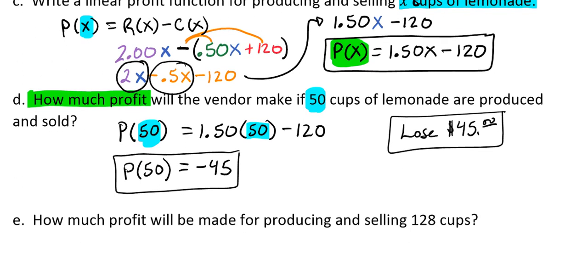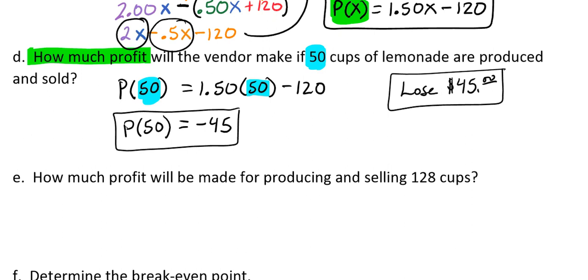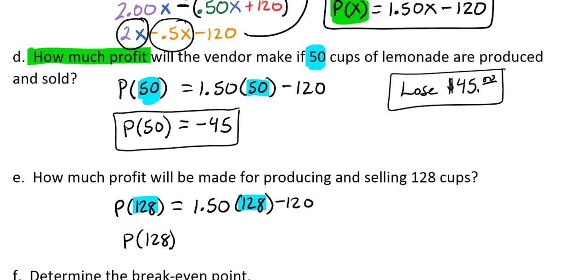So how much profit will be made if you sell 128 cups? Well, let's go ahead and plug in 128 into our equation, and let's see what we get after we produce and sell 128 cups of lemonade. If we plug that into our calculator, we're going to see that we have a positive 72.